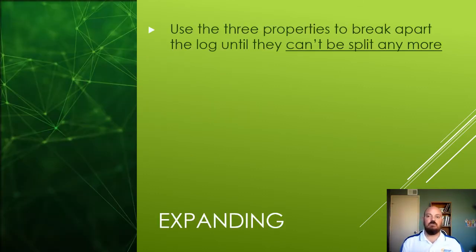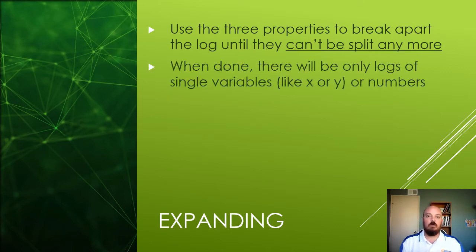So here are the steps for expanding. To expand, if you're just asked in a problem like in tonight's homework, expand this logarithm, what it means is expand it as much as you can. Keep splitting it and splitting it until you can't anymore, until every single log is as simple as possible. The way you'll know you're done is because each log can't be split anymore.